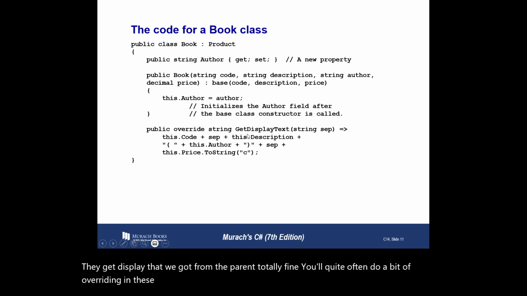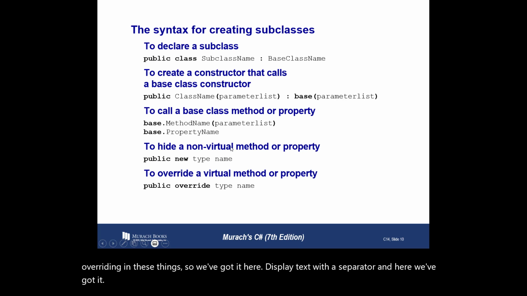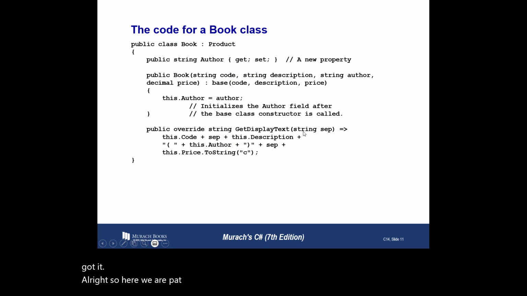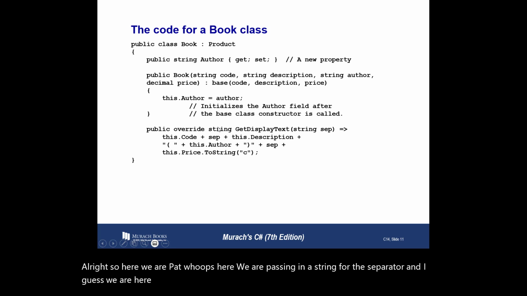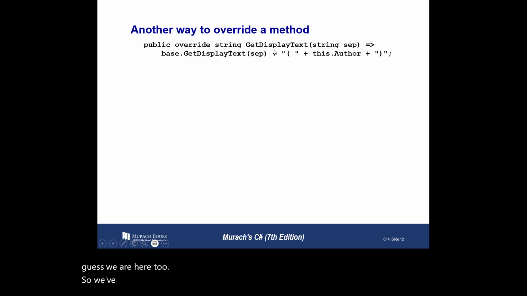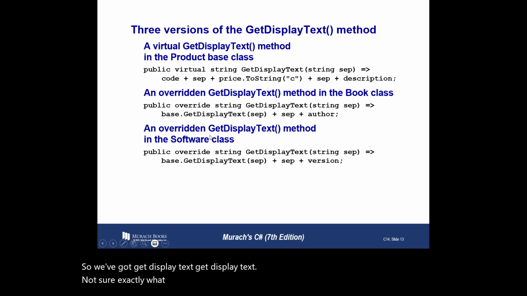So we've got it here, display text with a separator. Here we are passing in a string for the separator, and I guess we are here too. So we've got get display text. Not sure exactly what they're doing right there. All right.